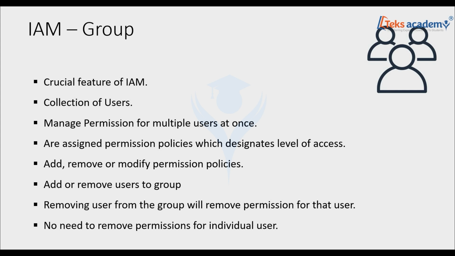When we add the users to that group, automatically the policies attached to the group will be applicable to the users. This way, we are assigning the policies only once instead of assigning multiple times. So here we can manage permissions for multiple users at one time.